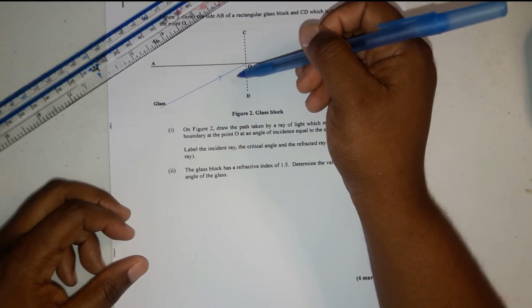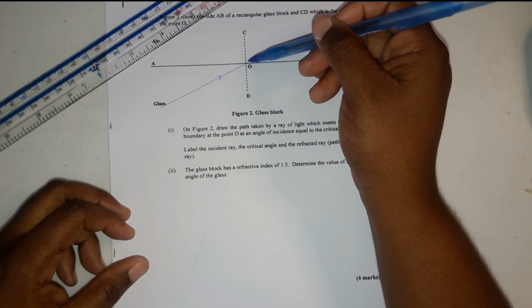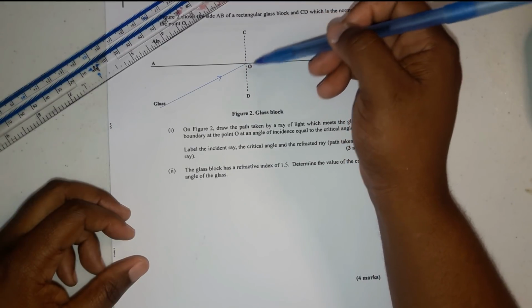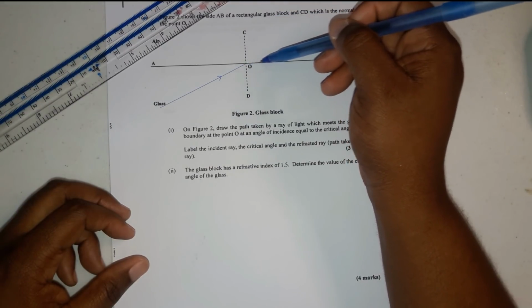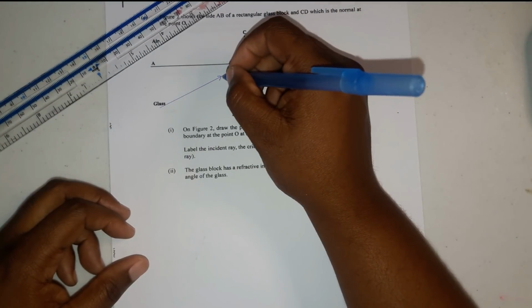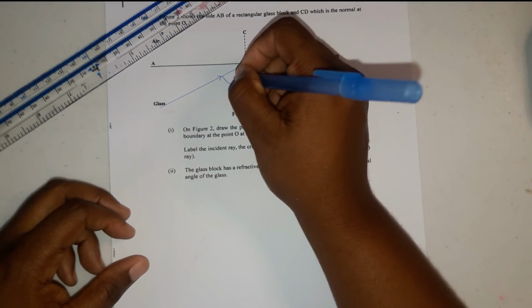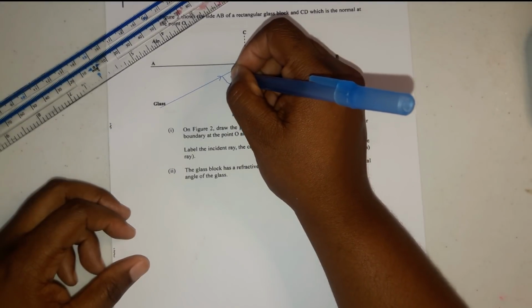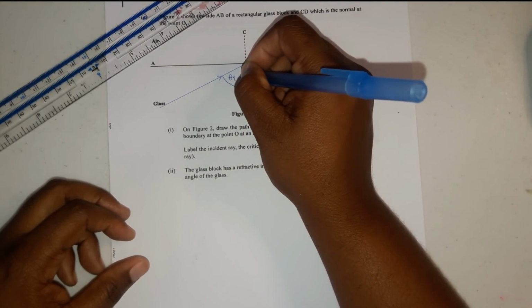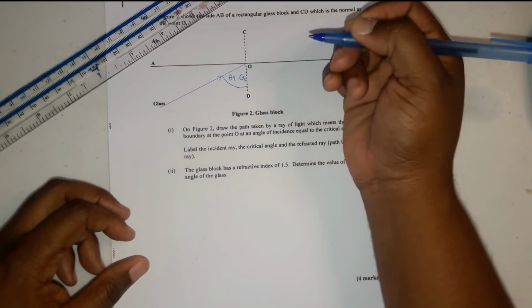It's the largest angle at which the light would not emerge from the glass, however, it would travel along the boundary. So that's the critical angle. So we'll say this is the incident angle, which is equal to the critical angle.